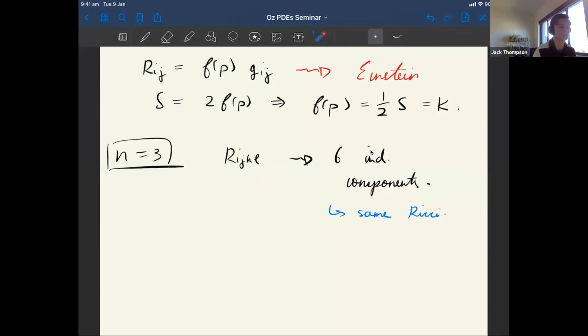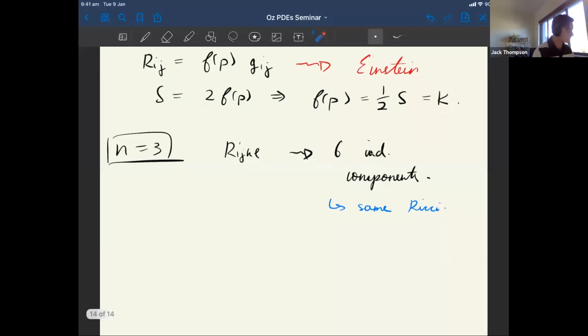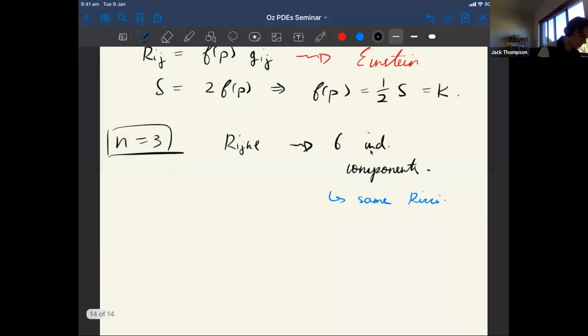When you take the trace, they agree. So similar to in 2 dimensions, I'm going to pull something out of a hat. And I'm going to define the following (0,4) tensor.